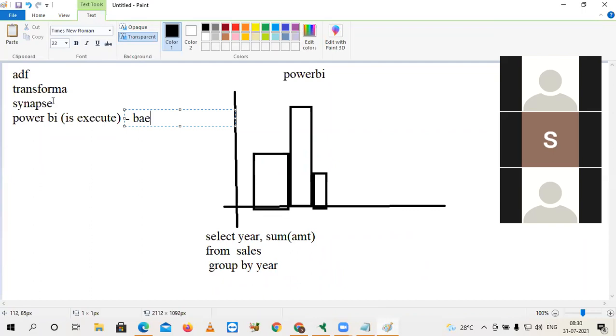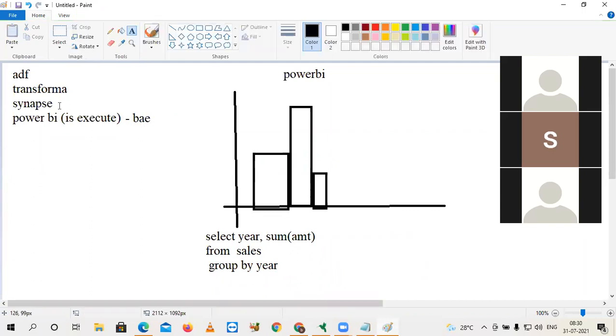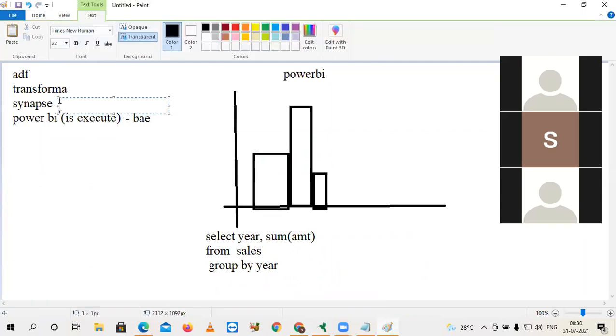Instead of doing that, if volume is a little small or medium level, execute this query by Synapse and store that results into Synapse. Directly with that results, Power BI is connecting. It is generating visualization. Okay.